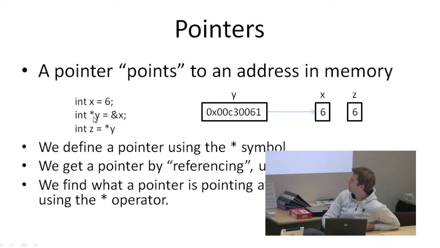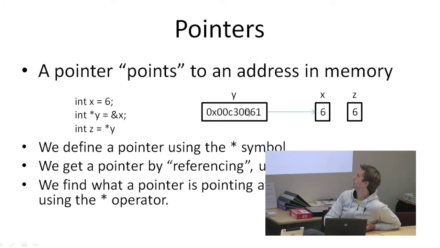We can create a pointer in C by putting the star in front, and that says it points to the value of an int. So we have this pigeonhole y now, and we can get a pointer to a variable by using the ampersand. Here we're saying y isn't actually going to hold a value itself.